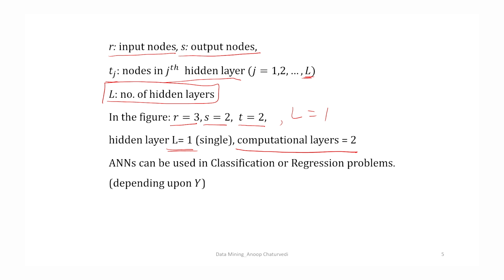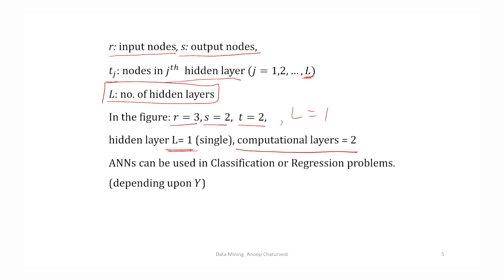Remember, in the input layer we do not do any computation, except we use some transformations like scaling, etc. So, basically we are doing computation in two layers, one hidden layer and one output layer.